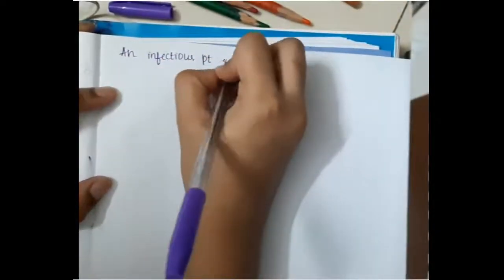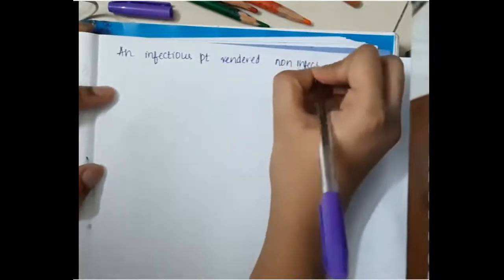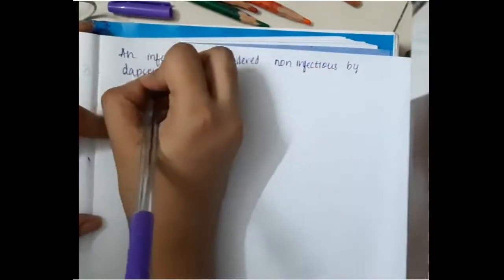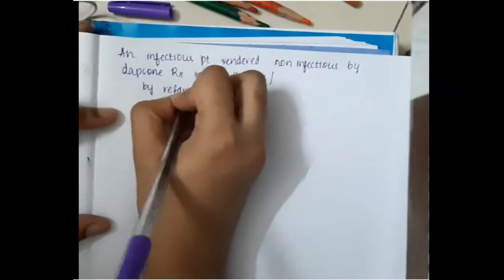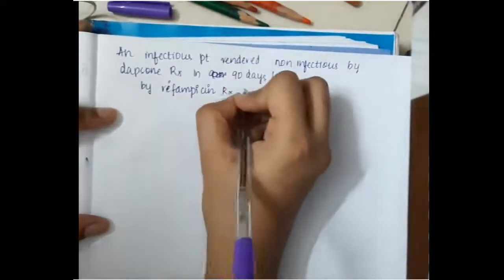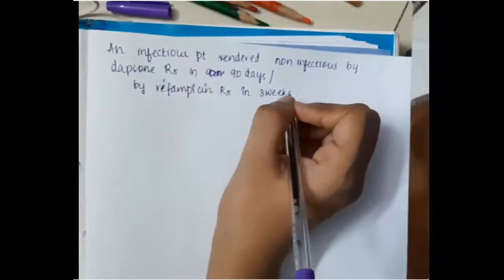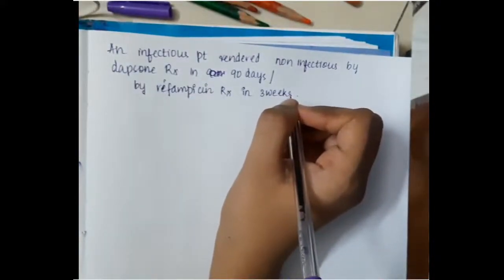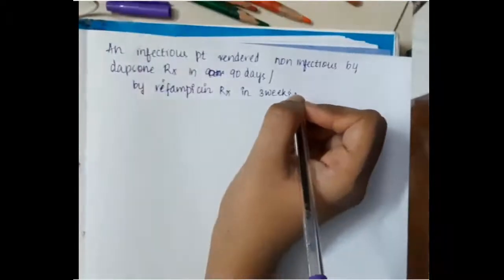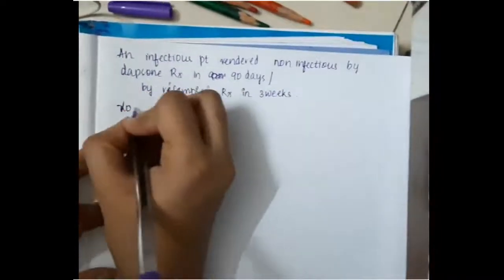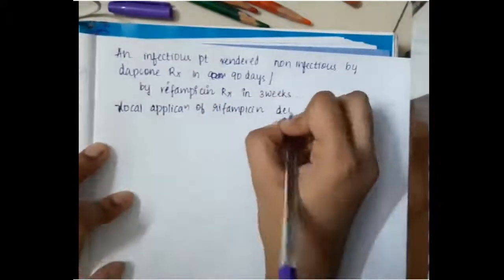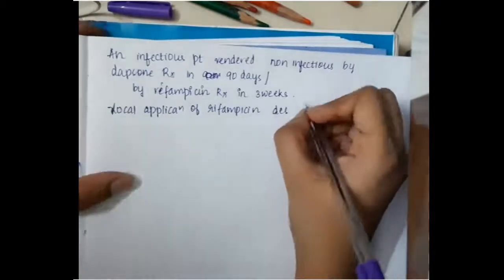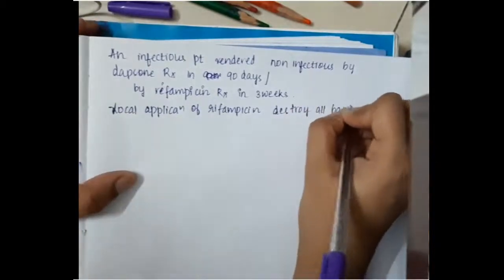An infectious patient is rendered non-infectious by dapsone treatment in 90 days or by rifampicin treatment in 3 weeks. So you can use dapsone or rifampicin for treating lepra bacilli. Local application of rifampicin will also destroy all the bacilli in 8 days.